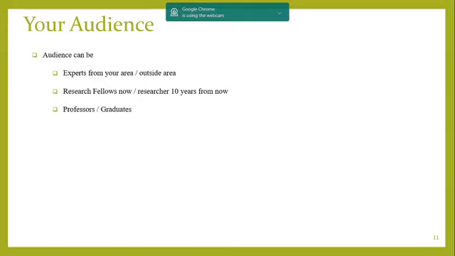And also remember, your paper can be used by professors and graduates. Also take note that your audience is not only from the academic or research field, it can be from industry.